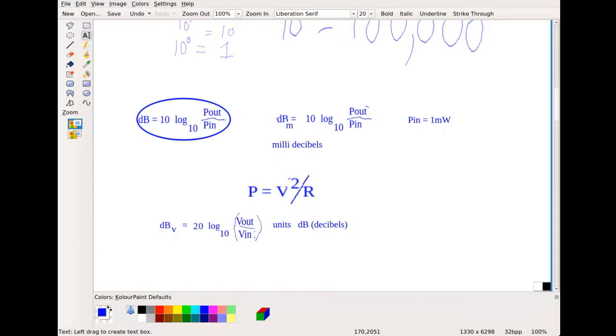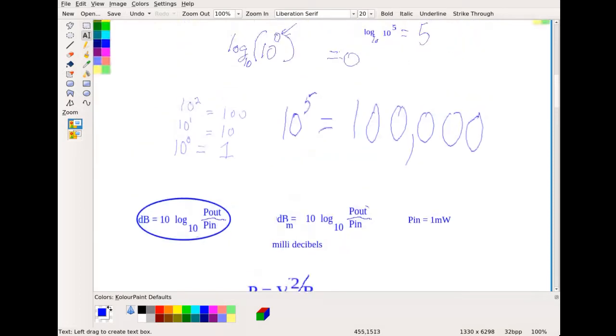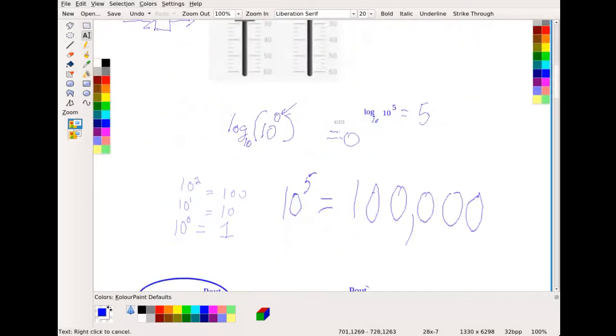Did the power go up? Did it go down? Or did it stay the same? If the power stayed the same, then you have 0 decibel change. 0 decibels doesn't mean you're not getting anything out. It means you're getting out exactly what you put in, because remember, 10 to the 0 is 1. So you've got a perfect pass through. Whatever went in, that's what you're getting out.